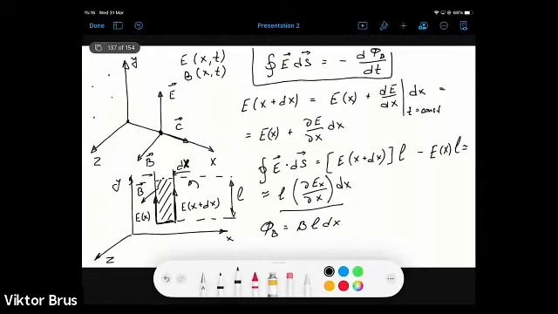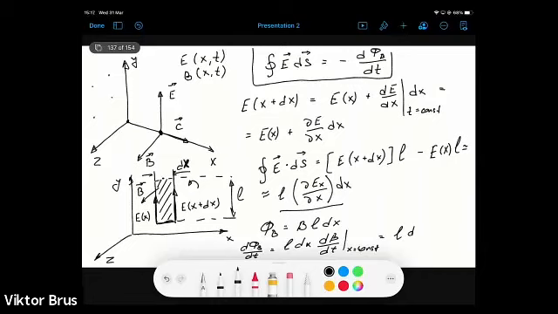At the same time, we need to take the derivative, so it will be dB over dt, which is equal to L times dx times dB over dt at x constant, which is also a partial derivative.